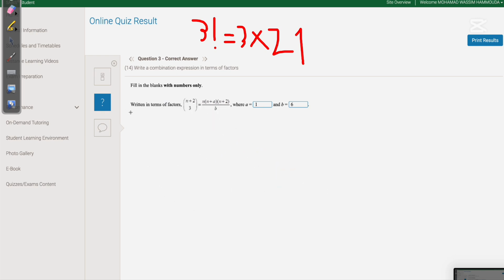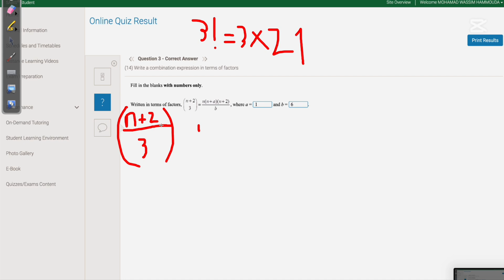In this question we have n plus 2 C3. The general rule is factorial of n over factorial of r, which is 3 in this case, times factorial of n minus r.